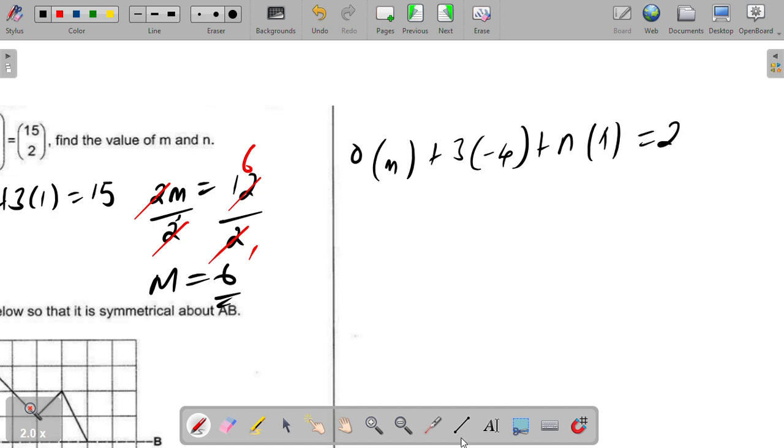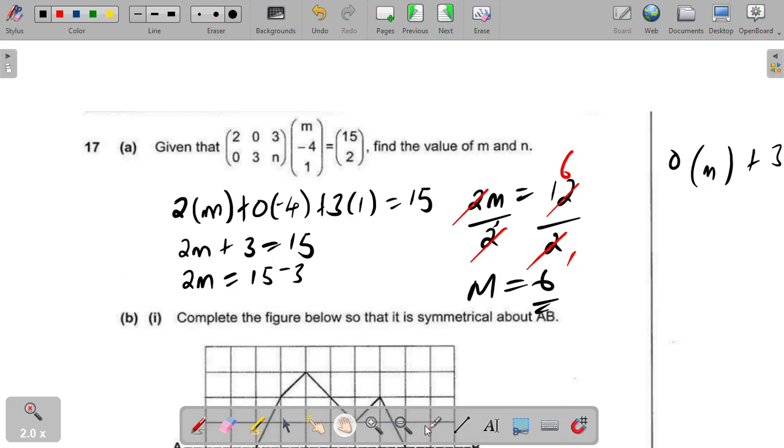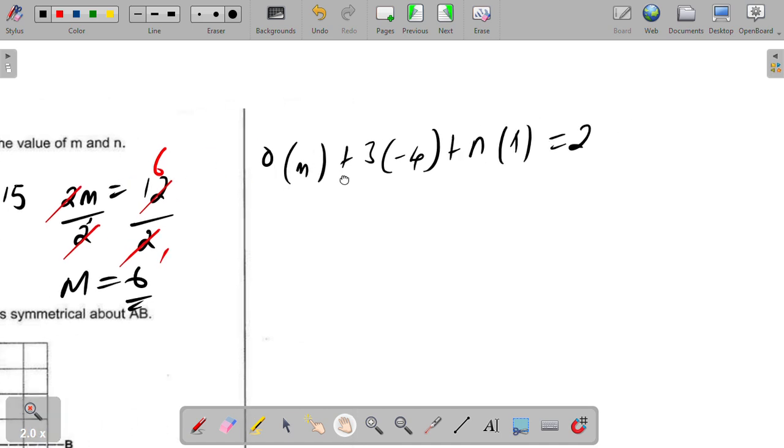So what we have done here, we have just multiplied 0 times that, 3 times that, plus n times this, and then equals to the number down there.